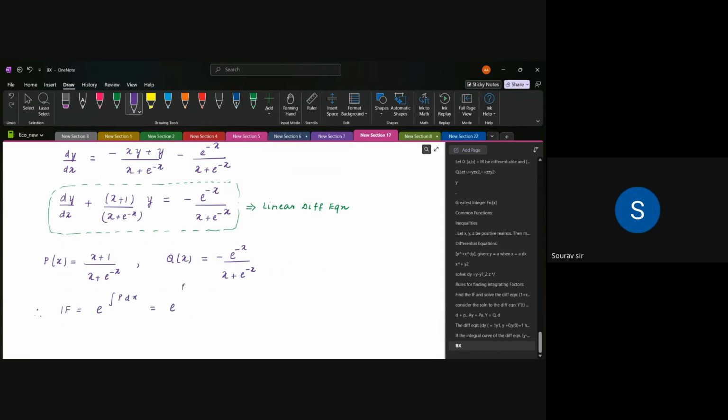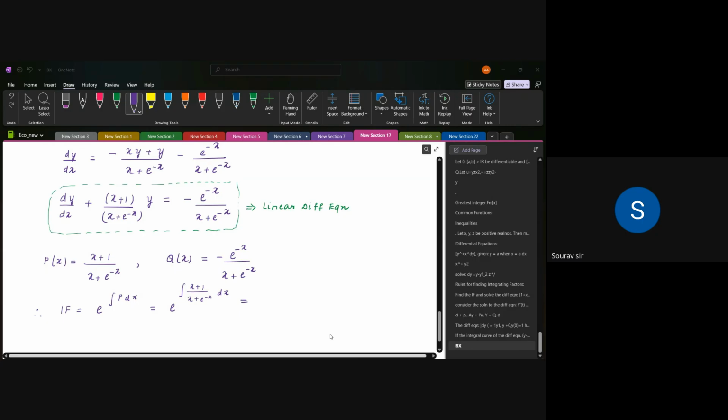So e raised to the power integral. How do we do this integration now?